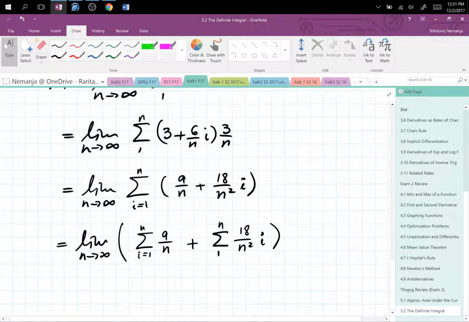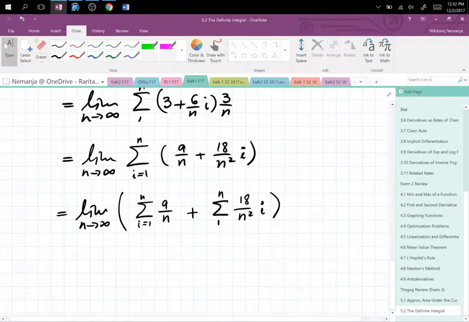What I've done here is split one sum into two separate sums. We know that we can do that because a summation is addition, and that's addition in between, so we can just split it apart and make two additions.